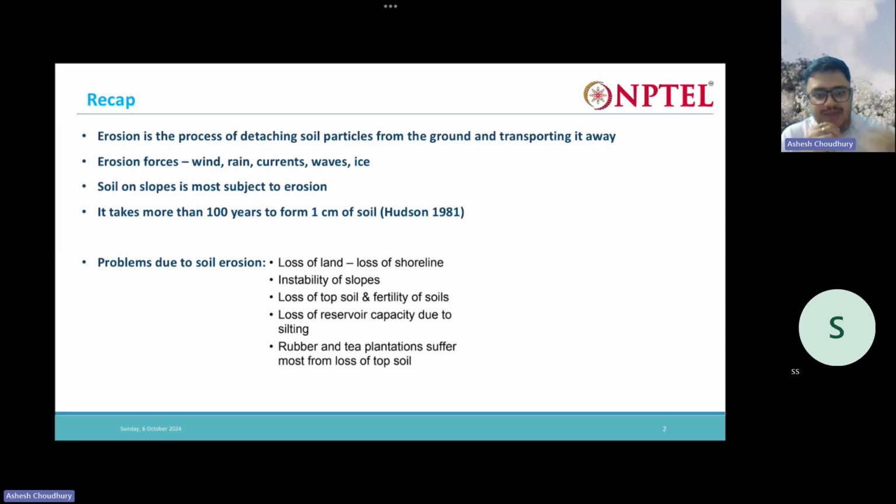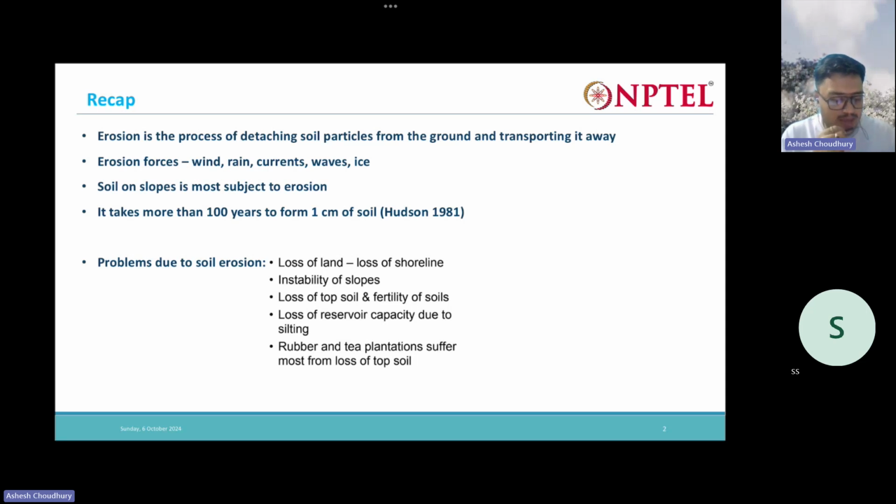The waves come and collide with the soil on the shore, break it down, and carry it along with them. That creates a very difficult situation, because the land area is getting reduced day by day.